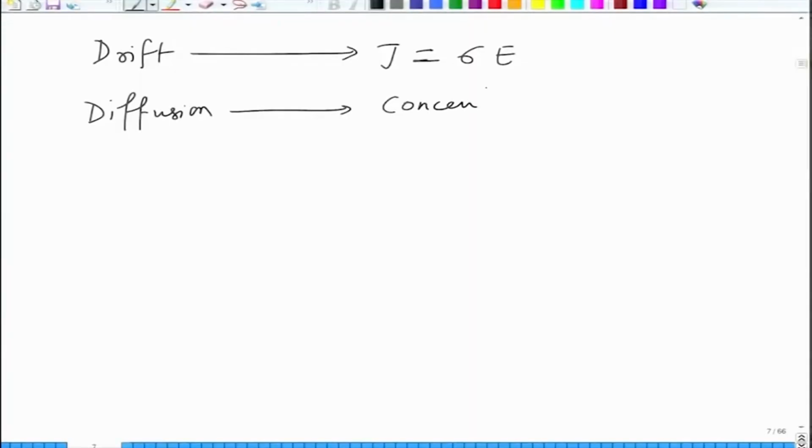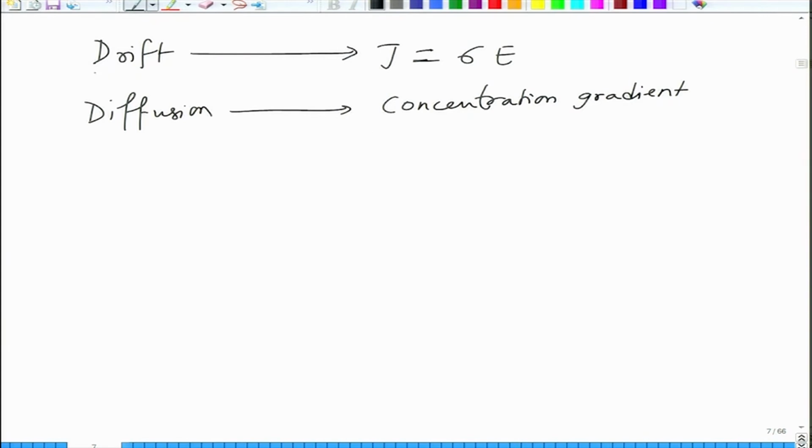So a concentration gradient may drive the diffusion of carriers, leading to another type of current, which is basically the diffusion current.